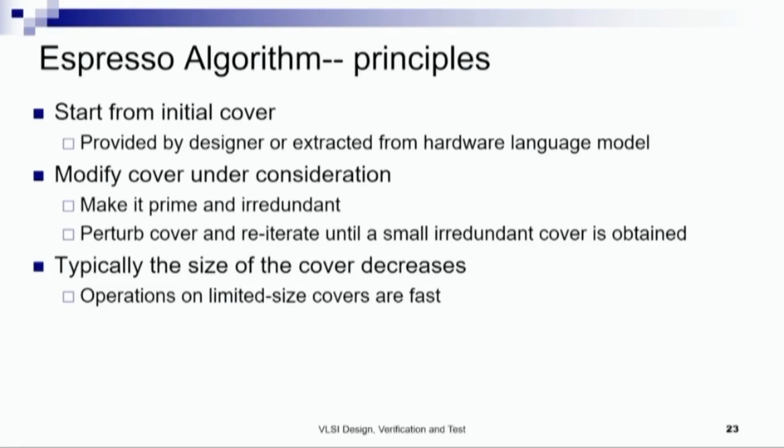So therefore, to obtain a better solution, we perturb the solution through a set of reductions. We will talk about all these steps in detail, and then reiterate until a small irredundant cover is obtained. So we often obtain good solutions. However, the solution in most cases will not be optimal. This is a heuristic methodology, and typically the size of the cover reduces over time, and we obtain a limited size cover.